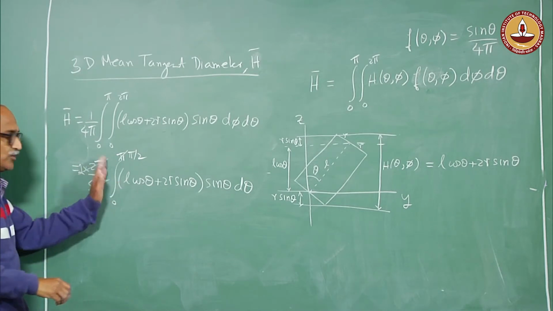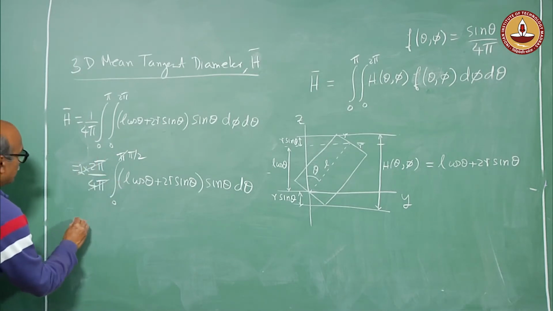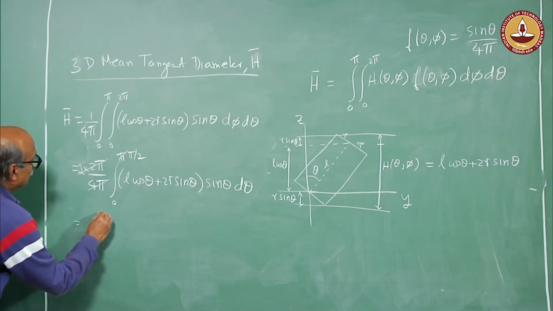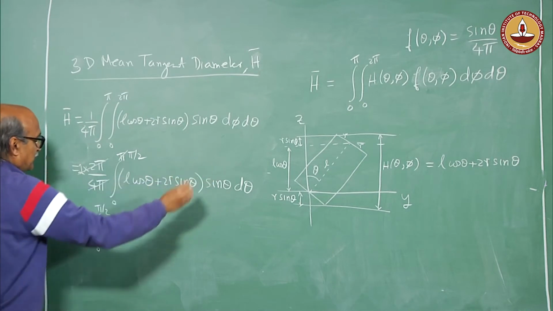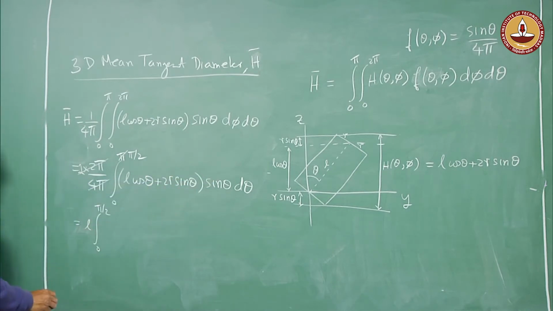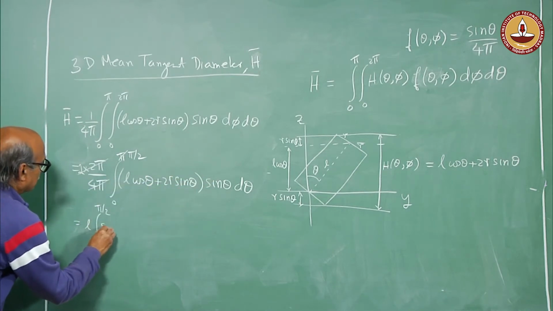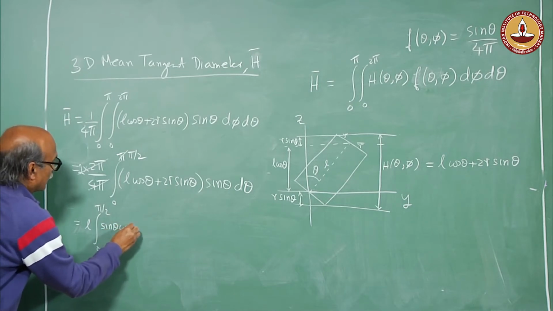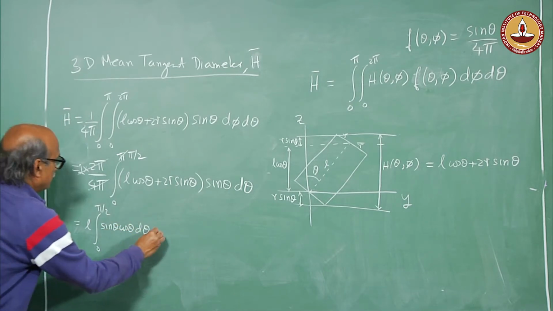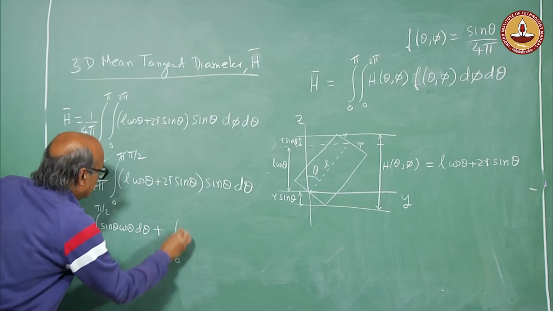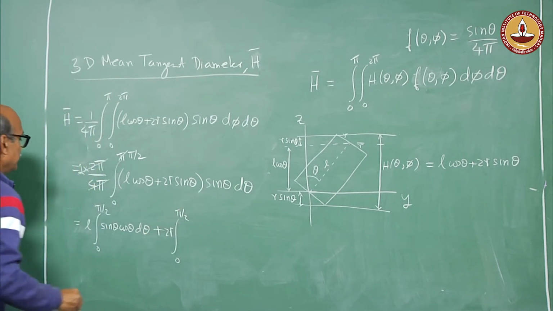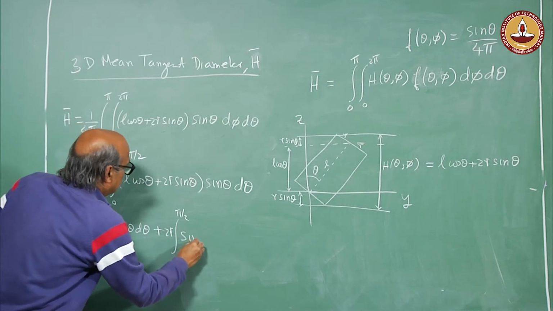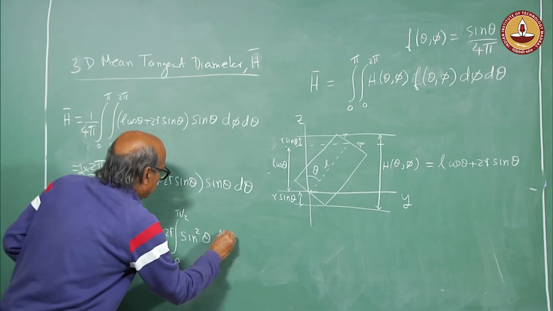All of this cancel out. So, you are now left with 0 to pi by 2, and let me break up this integral. L, I take it out, I have sin theta cos theta d theta plus another integral 0 to pi by 2, 2r taken out, I have sin square theta d theta.